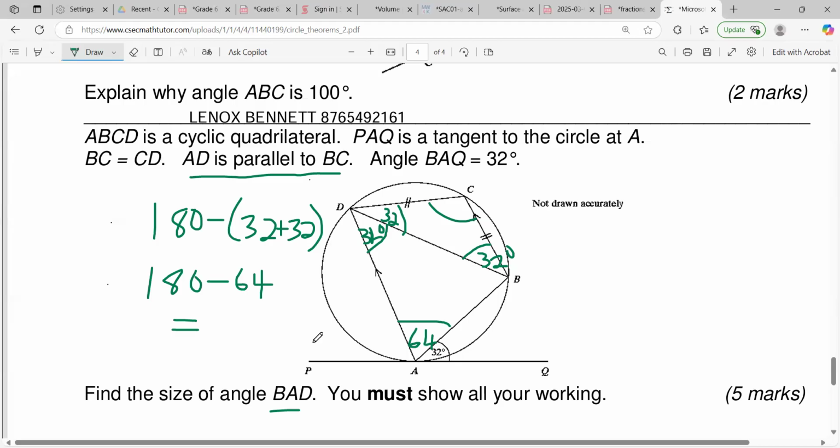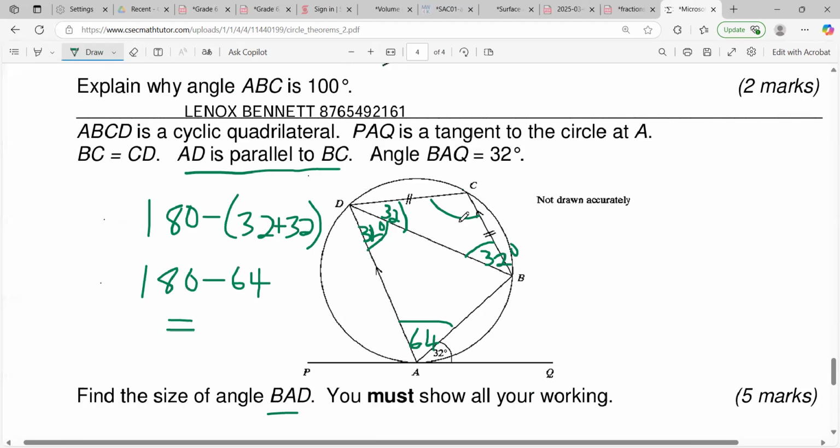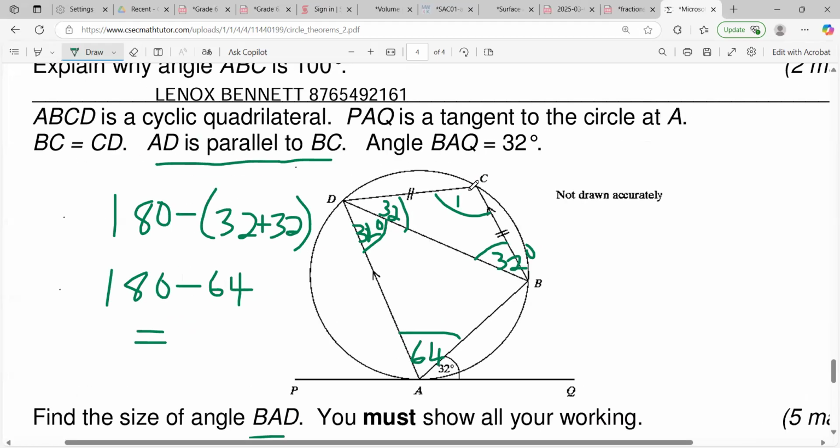64 is the answer. Alright, so 180 minus 64. But we are going to still do the difference, right? So this is 116. But this plus this, we get 180, which is 64.